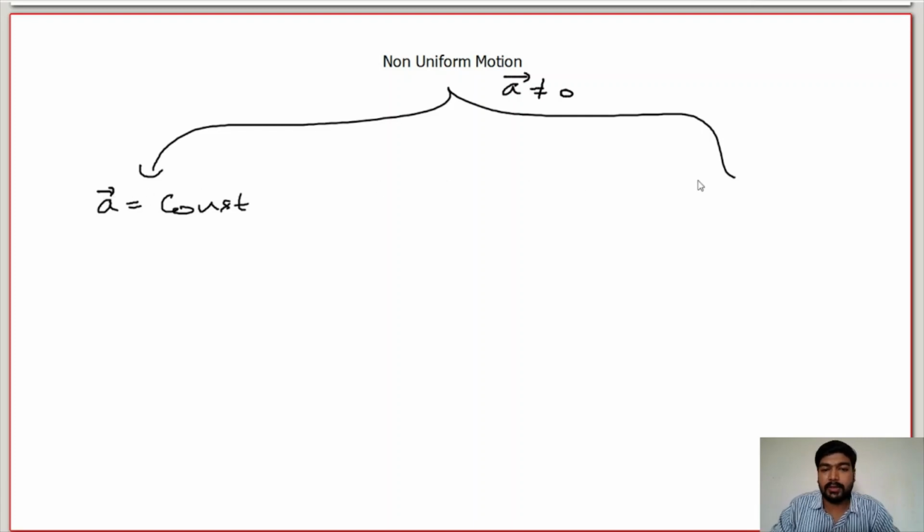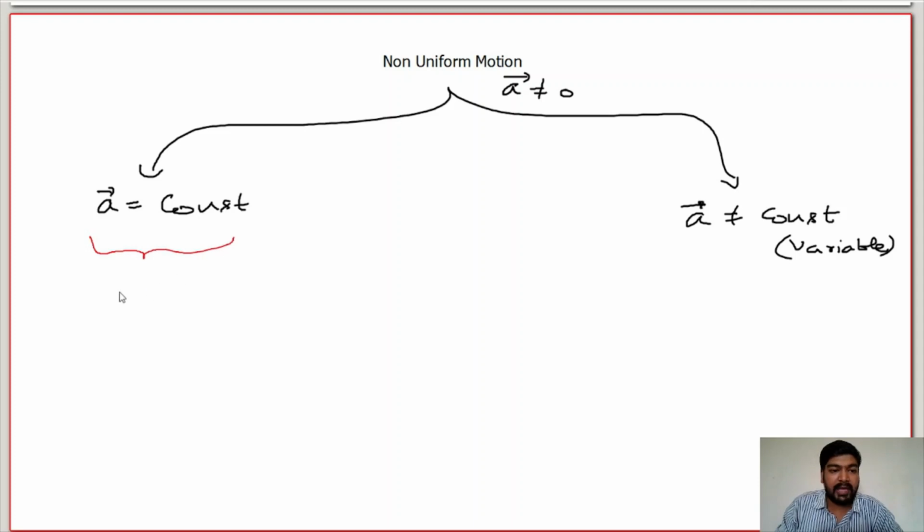Non-zero acceleration means acceleration can be constant or can be variable, varying. Whenever the acceleration is constant, we can apply the equations of motion. Here we can solve the problems in which the object has a constant acceleration.